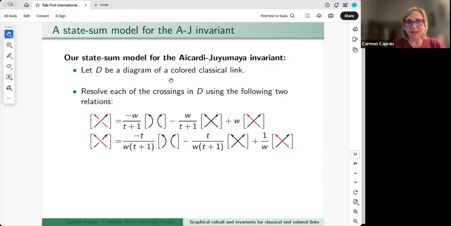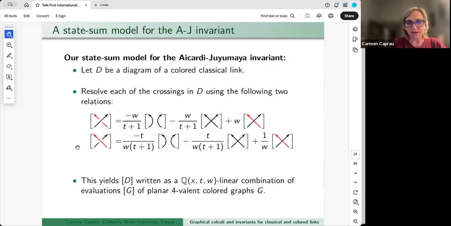So let's start with a diagram of a colored classical link. Now, instead of saying something about the singular crossings, you say, okay, let me take a positive crossing or a negative crossing and replace them by these formal evaluations, where now you just have these new nodes on the right-hand side. And you do that for all classical crossings in your diagram.